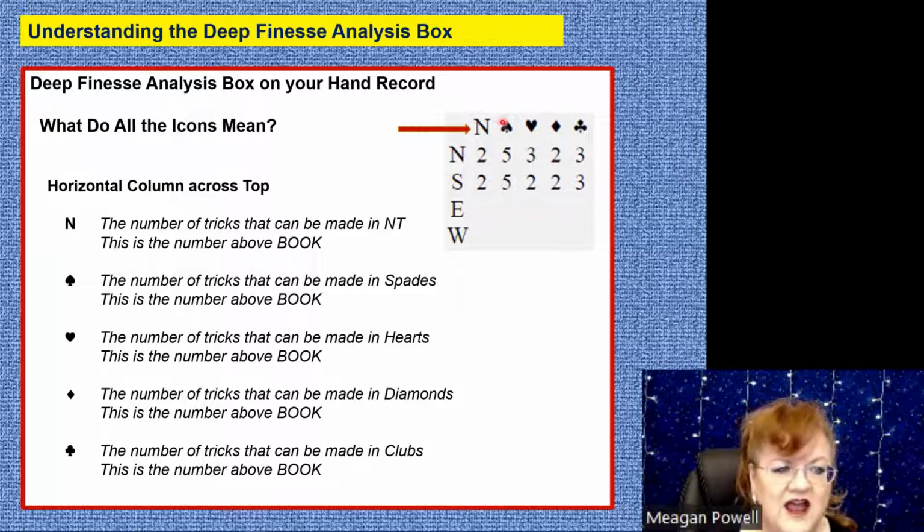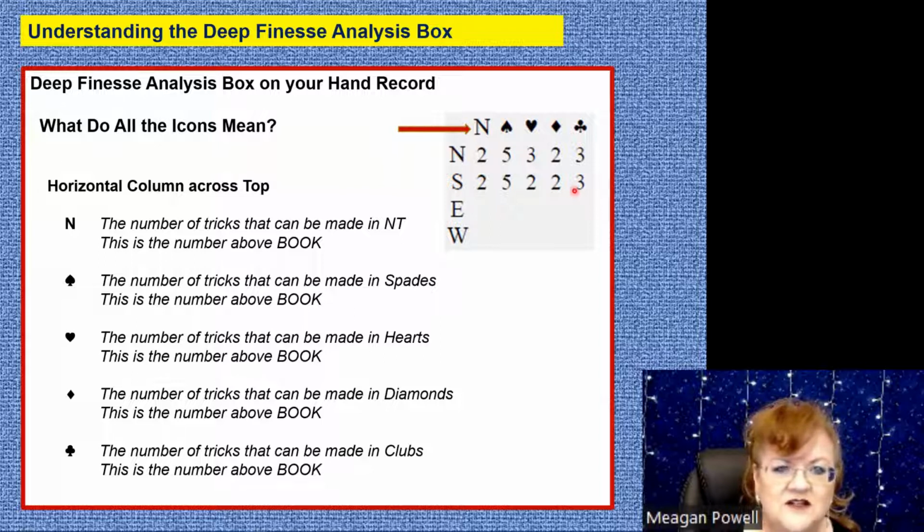And so this N stands for no trump. This north line will tell you what you could do in a no trump contract. This spade column vertically will tell you, if you look horizontally, what north could accomplish in a spade contract or in a heart contract for north. Same thing with the S line.